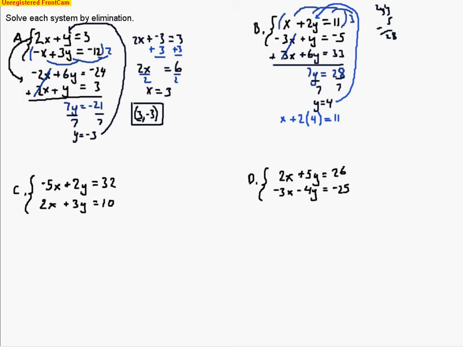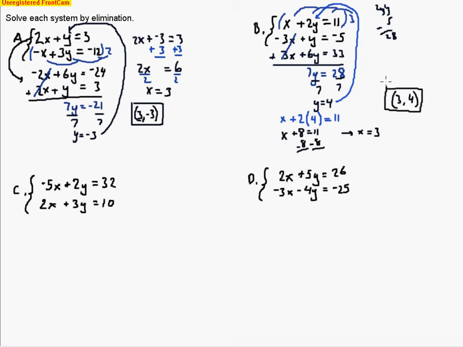And so we go ahead and multiply that, and we have now x plus 8 equals 11. Subtract the 8, and we'll have our value of x. So x ends up equaling 3. So there it is, 3 comma 4. So remember, it always goes x and then y in the ordered pair.